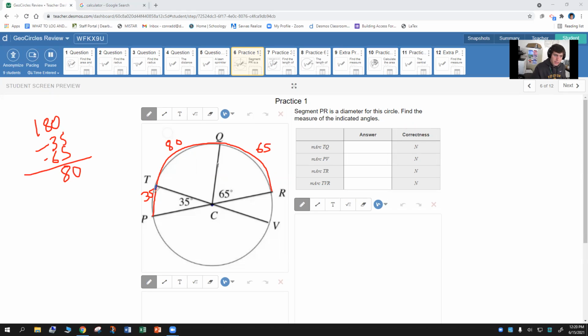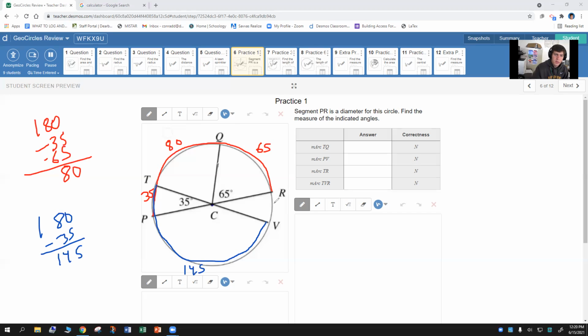We can also look at this blue arc, which is a half circle. So TP, 35, plus PV has to add up to 180. So we do 180 minus 35, which gives us 145.